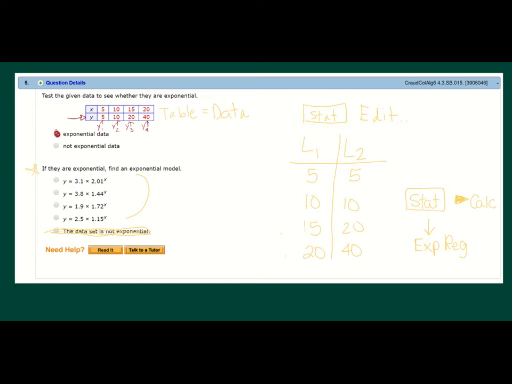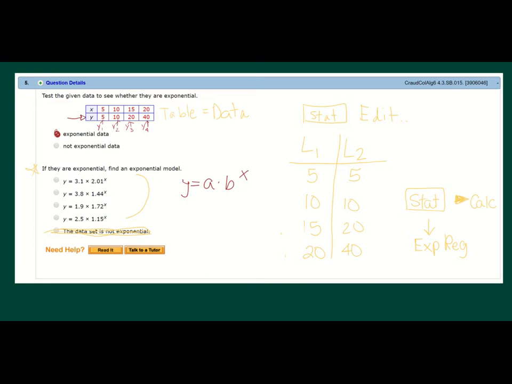My calculator returned a function, and it kind of gives it to you in a weird way. Okay, it tells you the form of the function at the top of the screen. Y equals A times B to the X. You are used to seeing your A value where the B is. So you need to pay very close attention to where these numbers actually go.